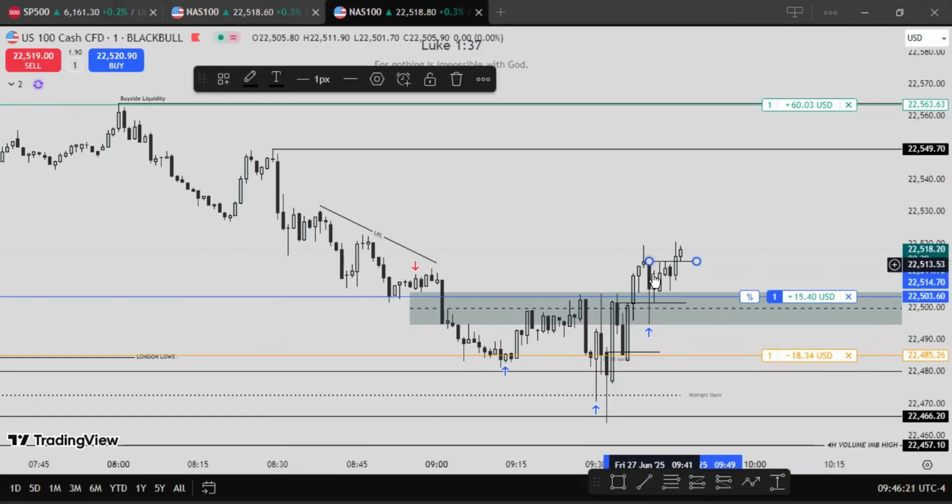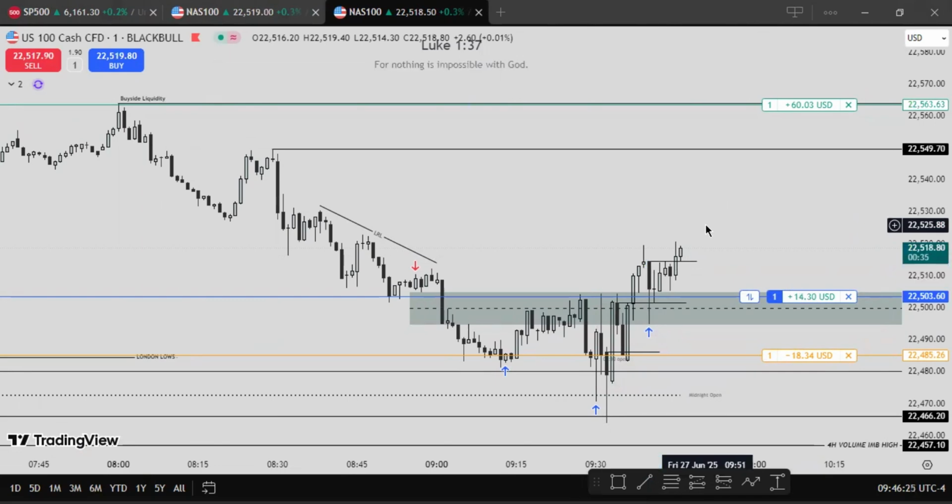I want to see this order block here act as support and push us higher. And I want to see some speed going through these highs here.